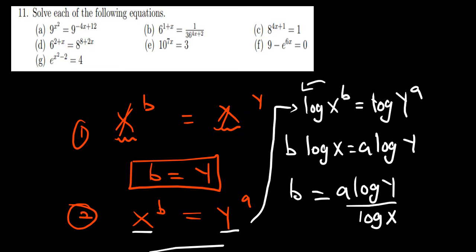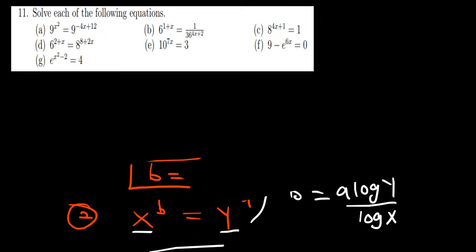The last rule that you should take note of is when you have an exponential function that involves e. So let's say e to the power x is equal to maybe 7, and you are asked to find x. We notice that the base here is not the same as the base here.